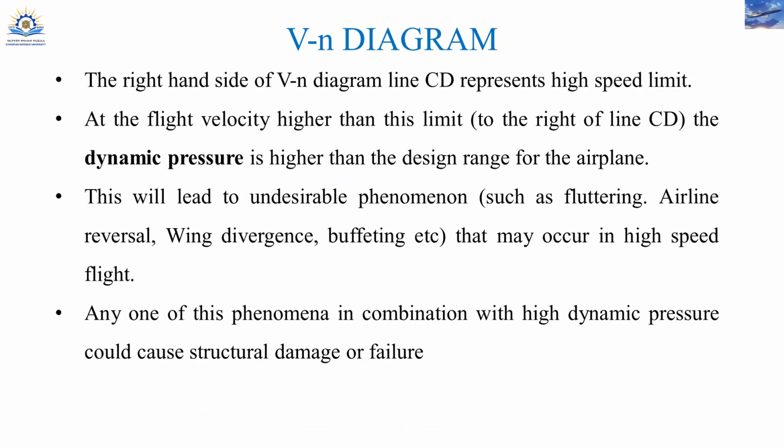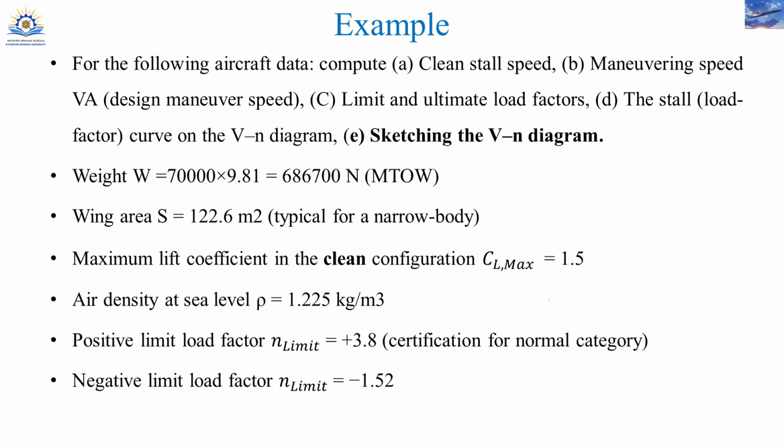If the boundary speed is exceeded, the dynamic pressure effect comes. What does the dynamic pressure effect cause on the aircraft? First, flutter, there are these different vibration types, right? Instability of aircraft, flutter, divergence, aileron reversal. So buffeting, divergence, flutter, these are undesirable conditions of vibration in the aircraft. So dynamic instability of aircraft will happen. So any one of these phenomena in combination with high dynamic pressure could cause structural damage or finally failure, so that we have to bound it.